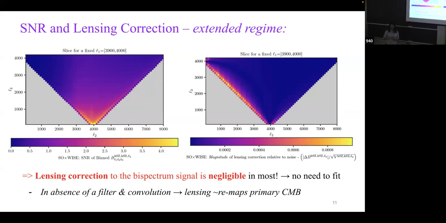But that could be checked maybe by using the CIB-deprojected CMB map. You could check how much residual CIB is contributing by doing that. But the CMB lensing effect itself is captured in the lensing correction, and it turns out to be negligible.